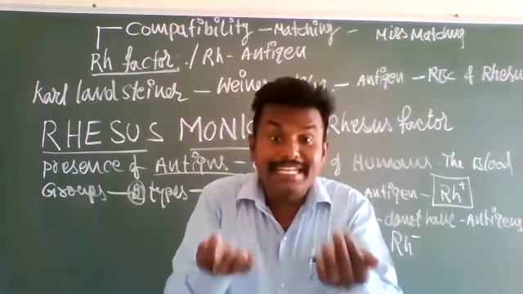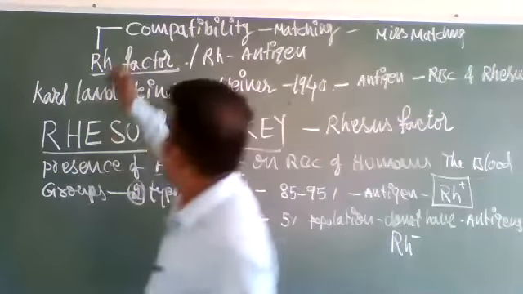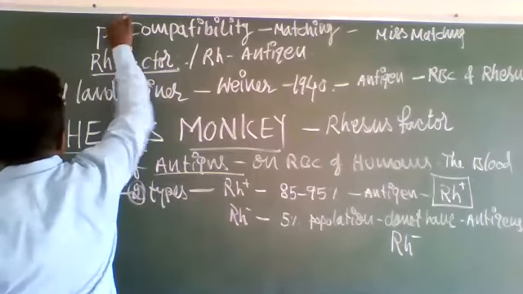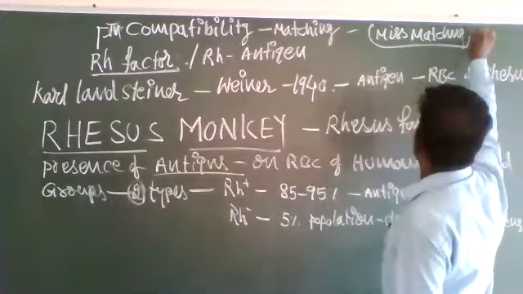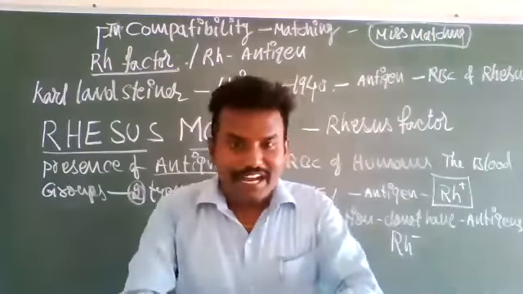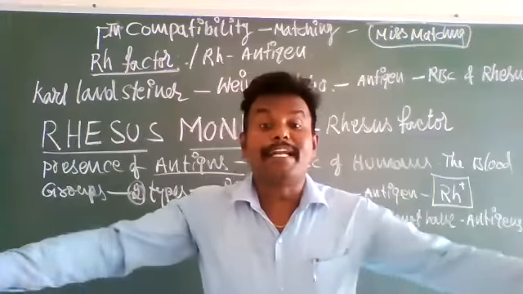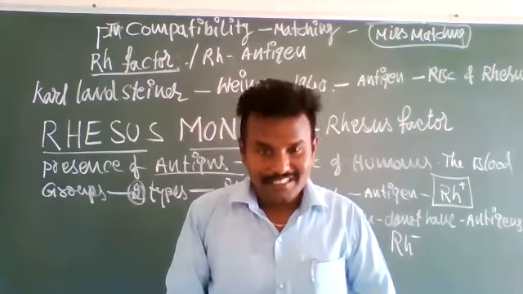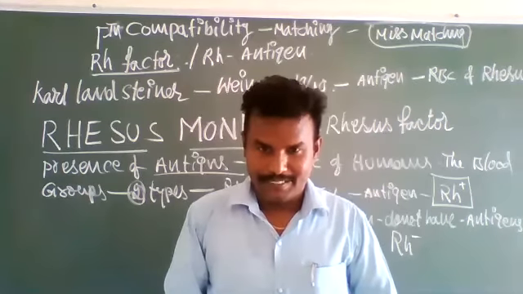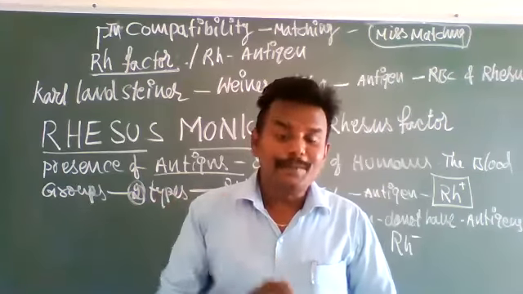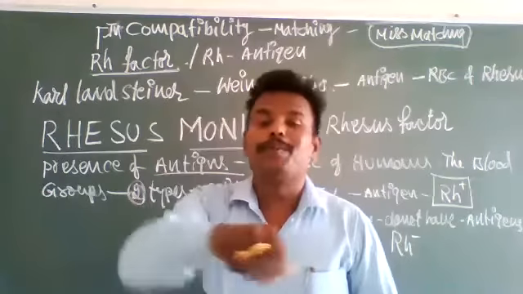If there is Rh incompatibility, meaning mismatching, then special types of antibodies are formed in the Rh negative person's blood.